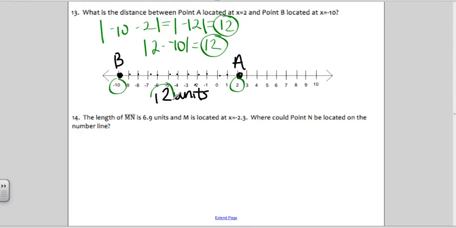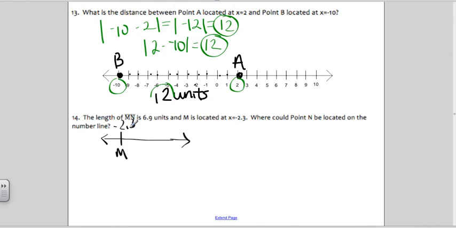Now, the next one, again, drawing the picture is going to be your best strategy here. So we have the length of MN is 6.9 units, and M is located at x equals negative 2.3. So I'm going to draw a line here, and it says M is at negative 2.3. Where could point N be located on the number line?